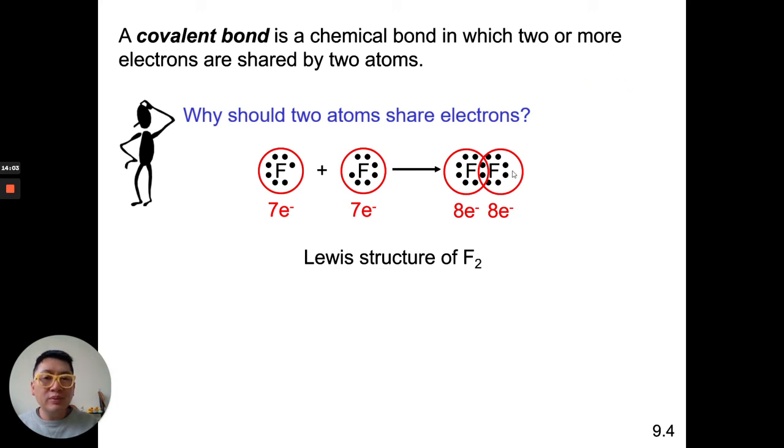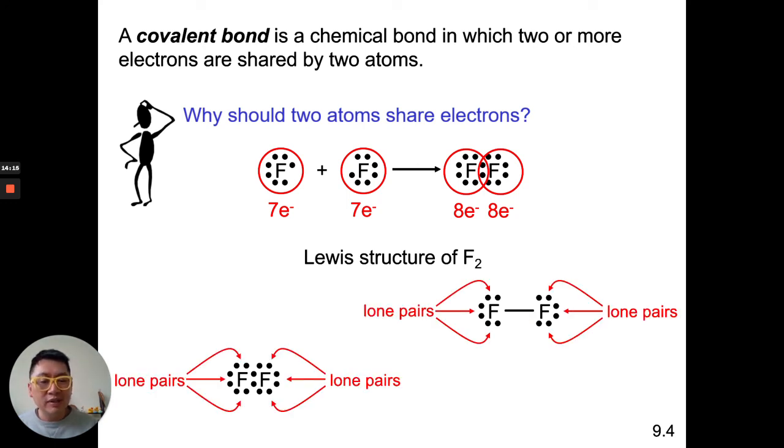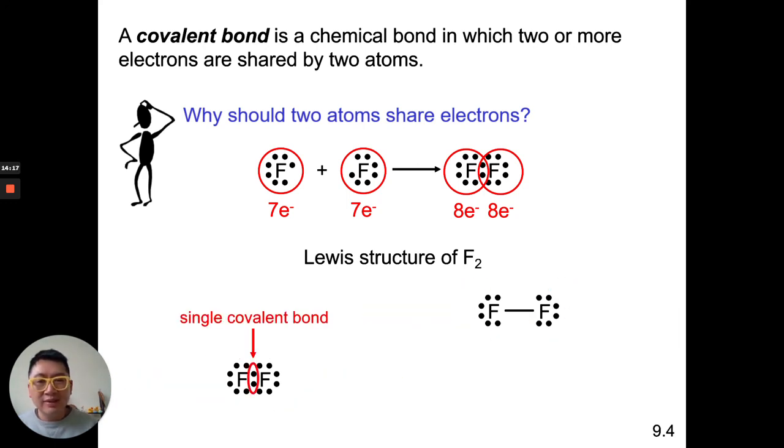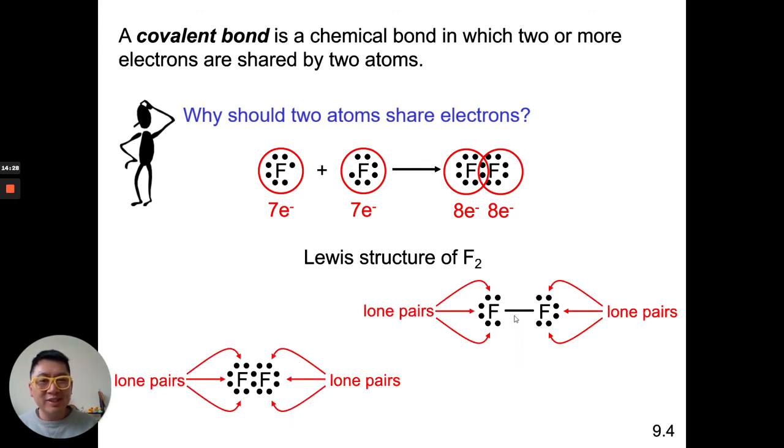Usually we represent the shared pair of electrons with a single line. This single line represents that pair of electrons being shared. It's also known as a single covalent bond. The unshared electrons, which is what those were, are known as lone pairs.